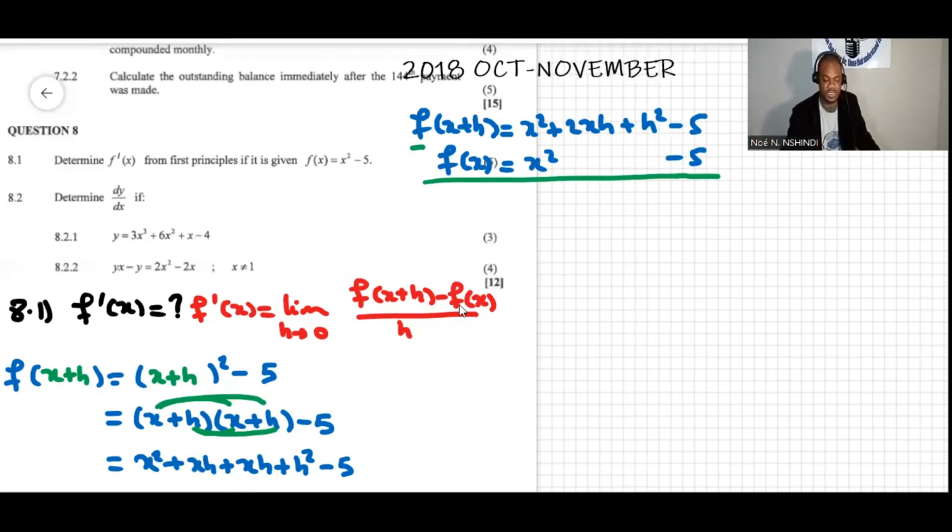We can just complete the missing places by zeros. Now let's simplify. x squared minus x squared falls, and then negative 5 minus negative 5 will also fall, because minus a negative makes plus, so negative 5 plus 5 is 0. Then the difference f of x plus h minus f of x is just equal to 2xh plus h squared.